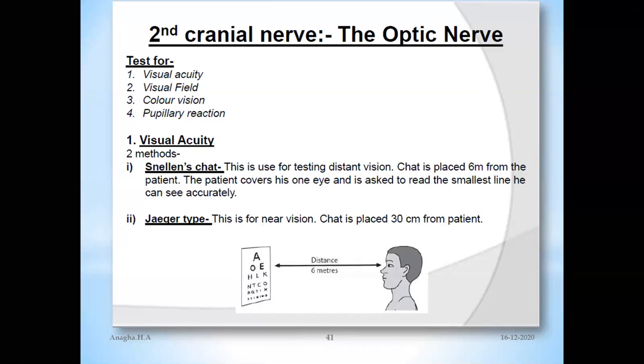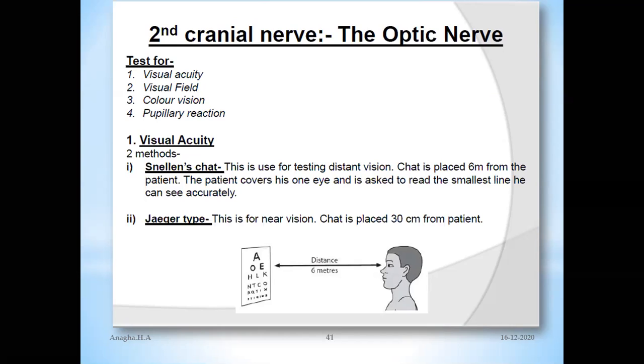So first coming to the visual acuity, for neurological purposes, the corrected visual acuity is tested with eyeglasses or contact lenses. Each eye is checked individually. Distant vision is checked by means of Snellen's chart, and the near vision is tested by means of the Jaeger chart.